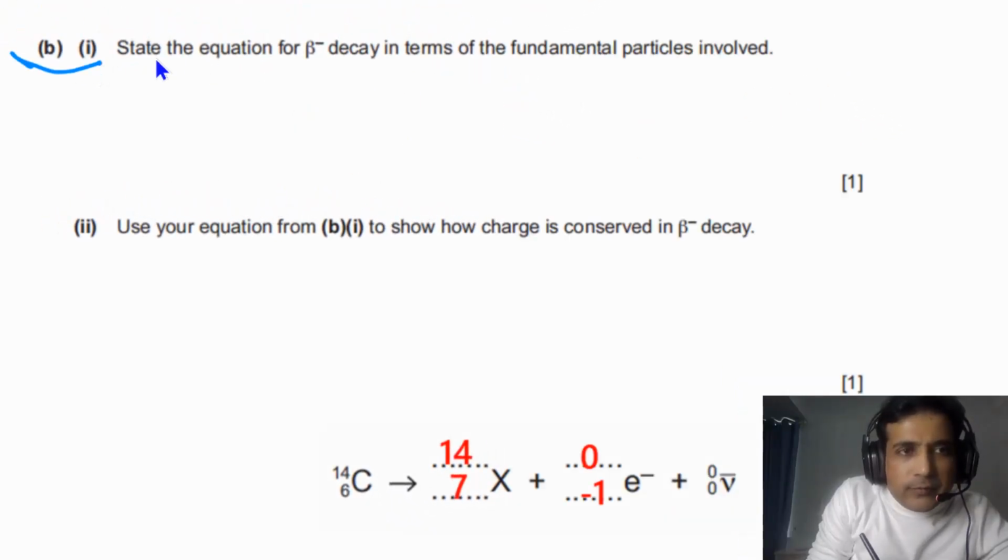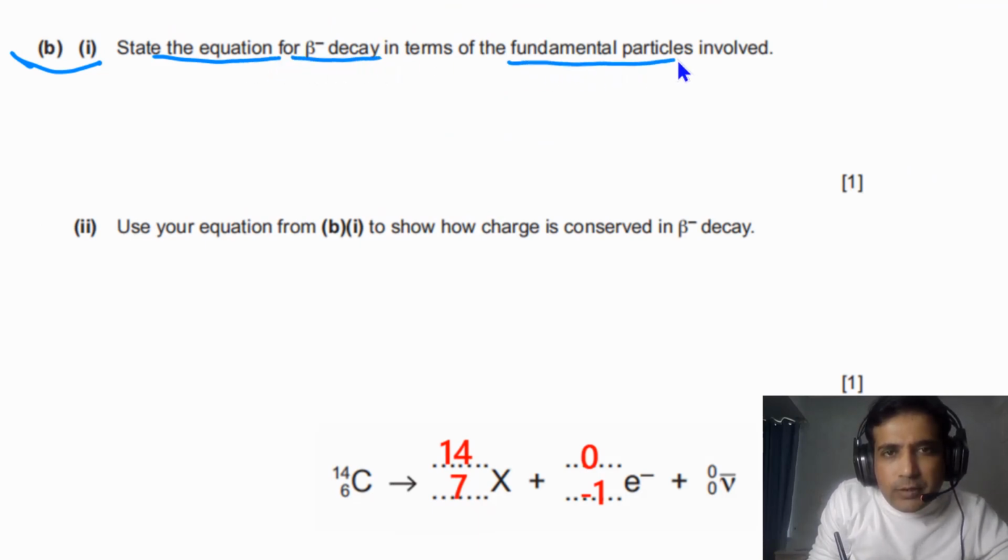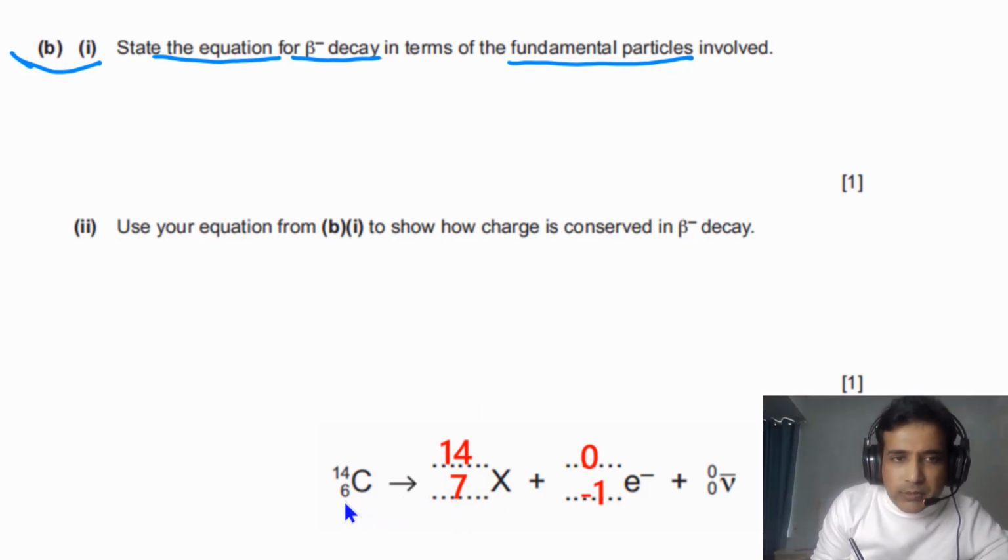For part B1, we need to state the equation for beta minus decay in terms of fundamental particles involved. So if you look at this equation, in this case, we can see the proton number increases by 1. As proton number increases by 1, it simply means that 1 neutron changes into proton.